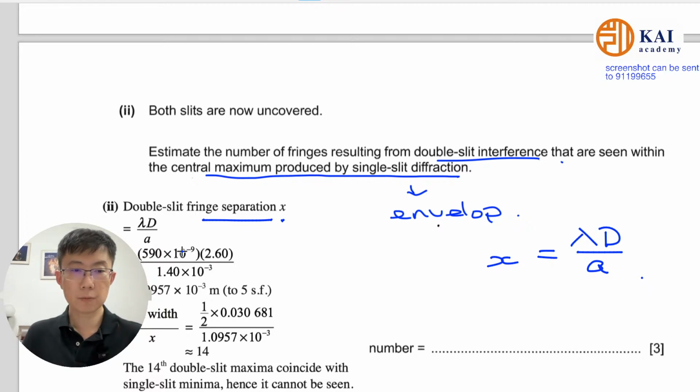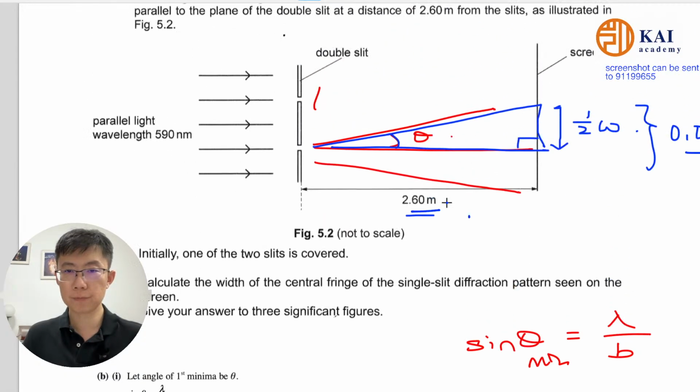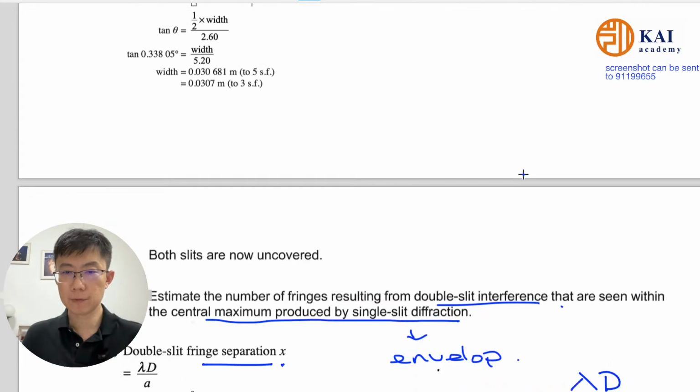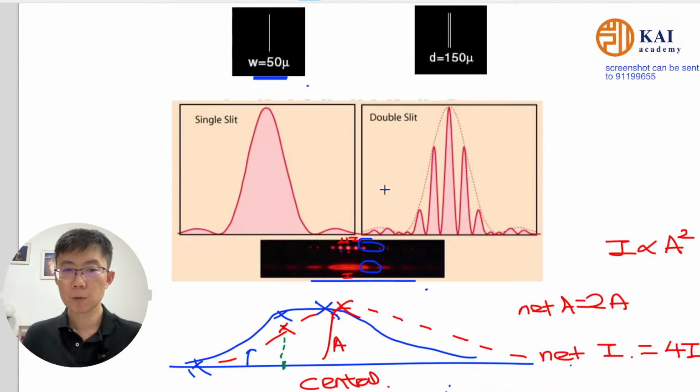Once I have substituted the x values in, and I also know the width of the single slit, if you record this pattern over here, what we will do is something like this. I'm going to find the distance of half the width.